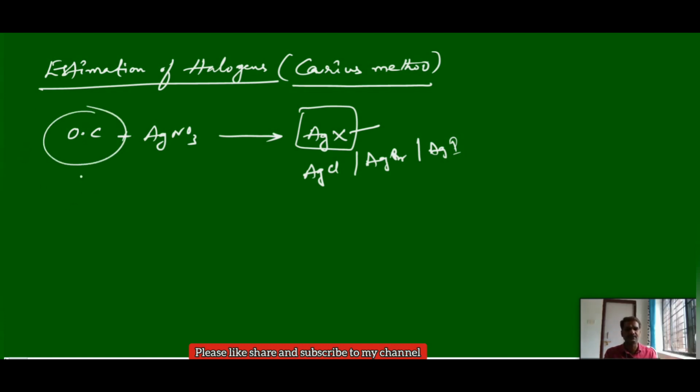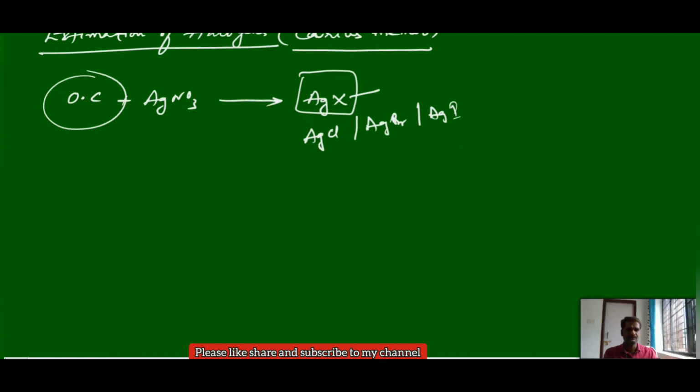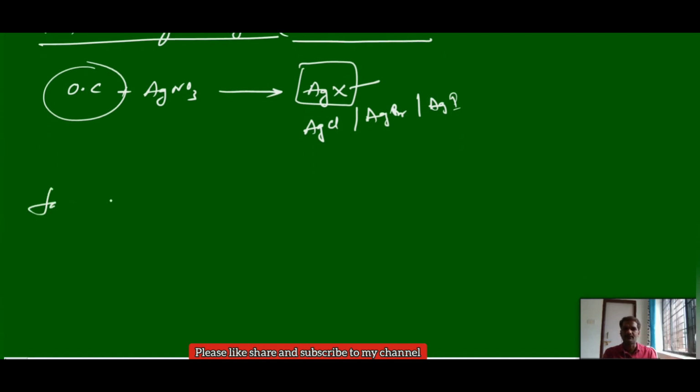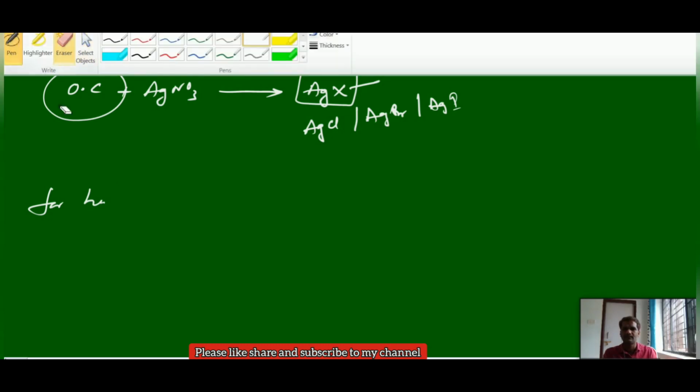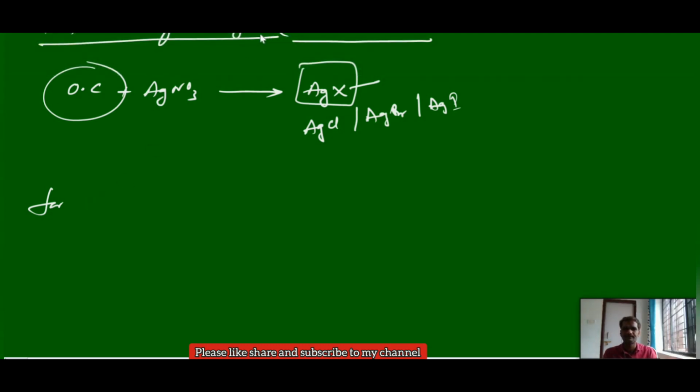Again, percentage composition is weight of element by weight of organic compound into 100. So here for halogen, first of all, for chlorine, we can use this formula. Percentage of chlorine in a given organic compound: first, you have to identify how much chlorine is there in this silver chloride.